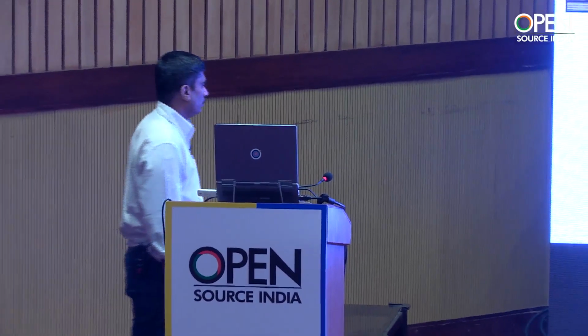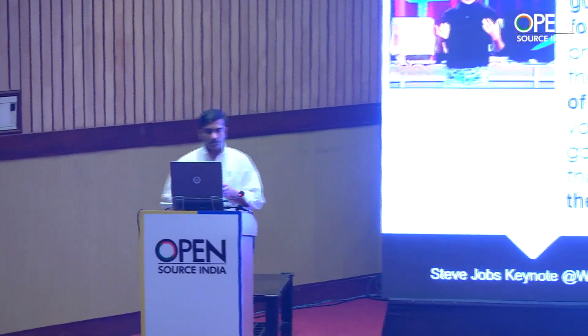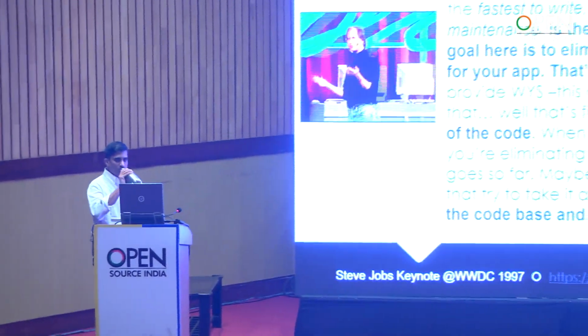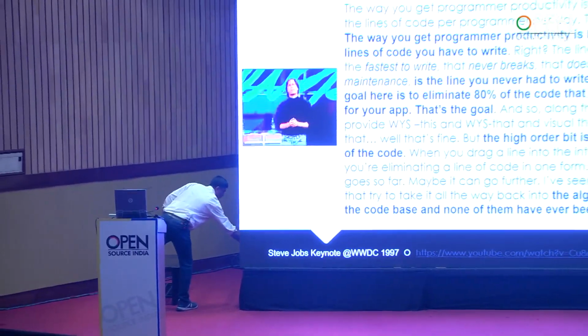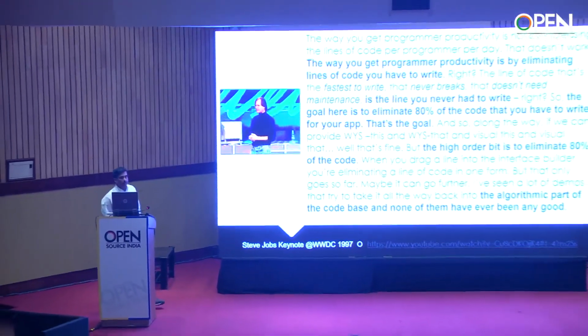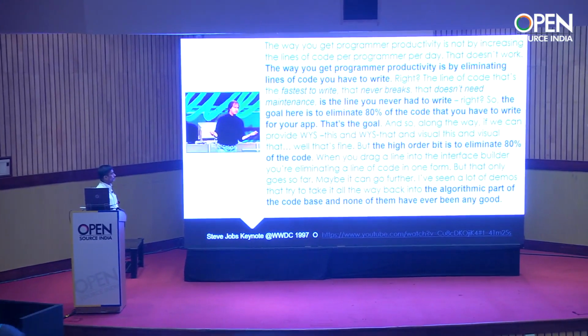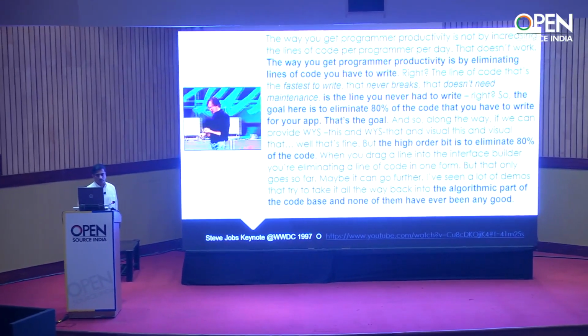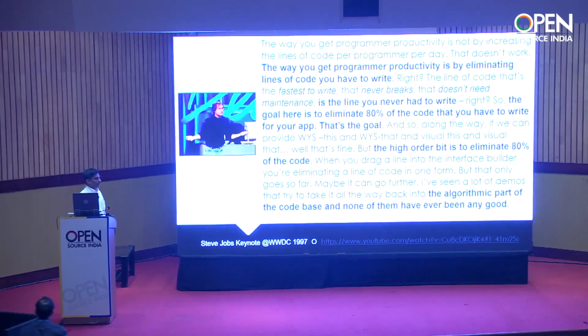The way you get programmer productivity is not by increasing the lines of code per programmer per day. That doesn't work. The way you get programmer productivity is by eliminating lines of code you have to write. Right? The line of code that's the fastest to write, that never breaks, that doesn't need maintenance, is the line you never had to write.